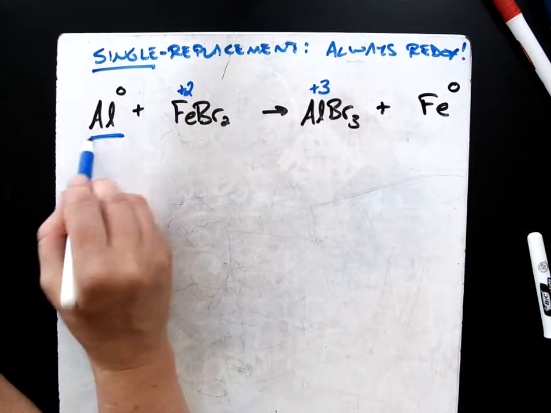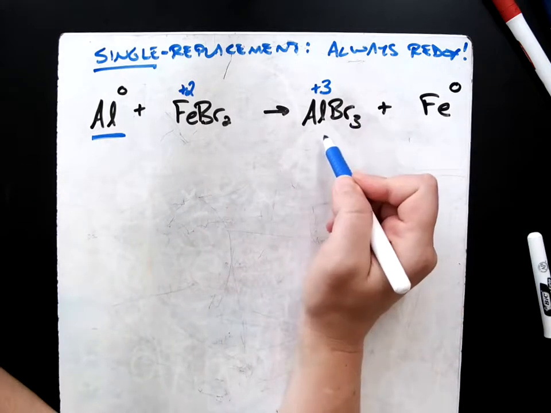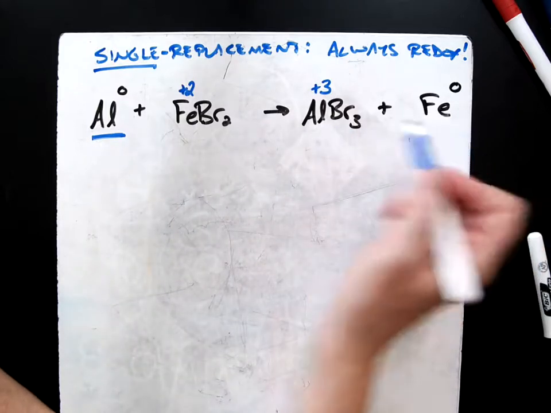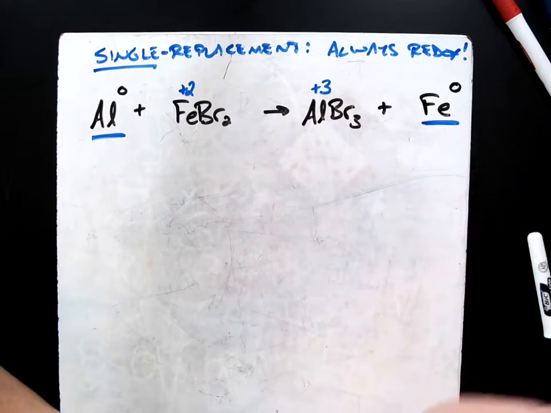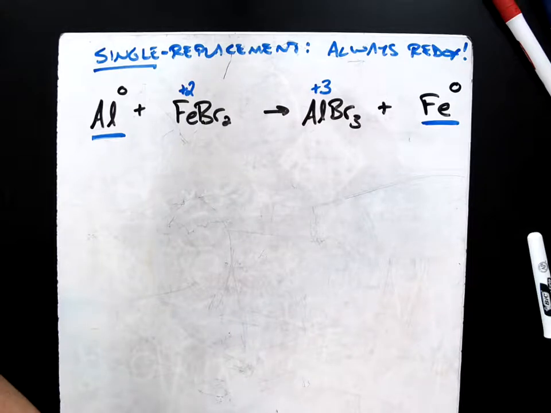The aluminum here is single. That means he's an element, a pure element with 0 charge. And then he's not. So his charge has to change. And the other element that was in a compound and is now single, his charge has to change. This doesn't just happen by stealing dancing partners. There is an exchange of electrons behind the scenes.